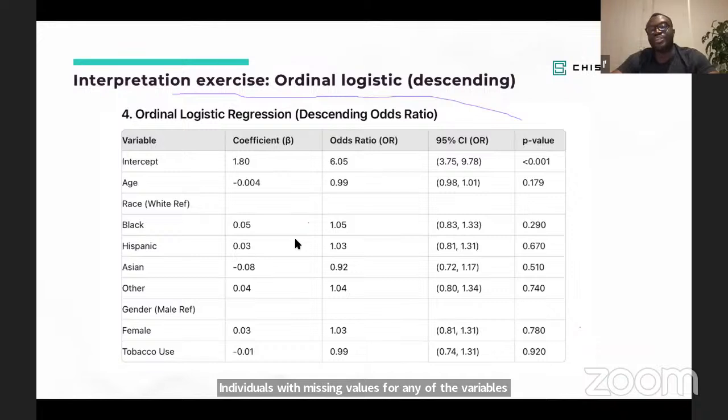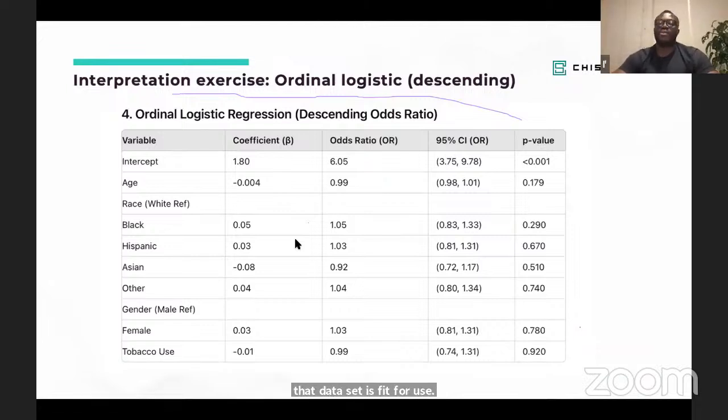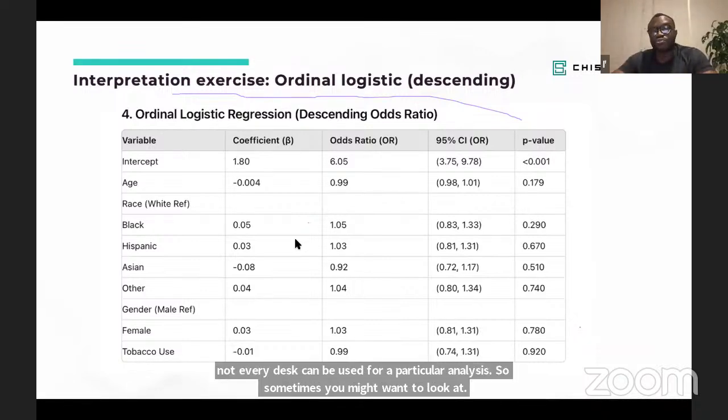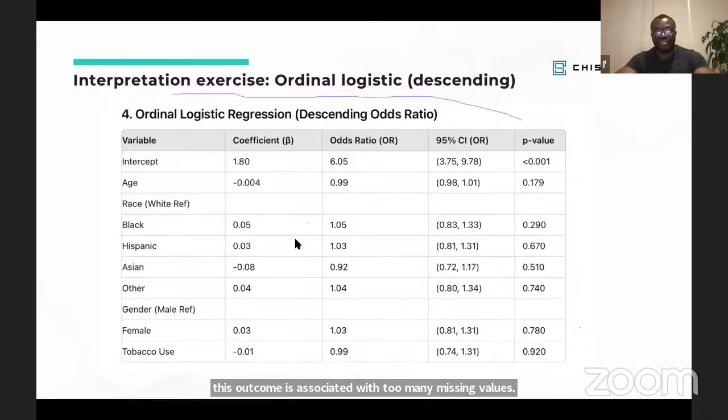So the key issue here is for you to reassess whether that data set is fit for use. Not every data set can be used for analysis, and not every data set can be used for a particular analysis. Sometimes you might look at it and say, okay, this outcome is associated with too many missing values, and that's why I'm having these wide confidence intervals.